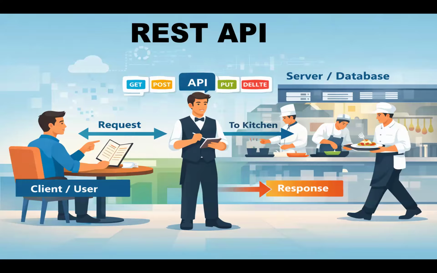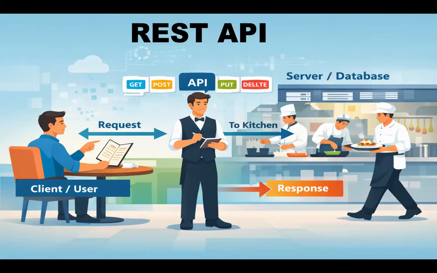There will be no hygiene maintained. Because of all these things, we require one manager who will take the order from the client. In our technical language, this manager is the REST API, or API.